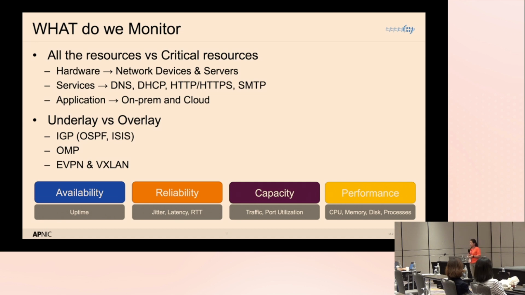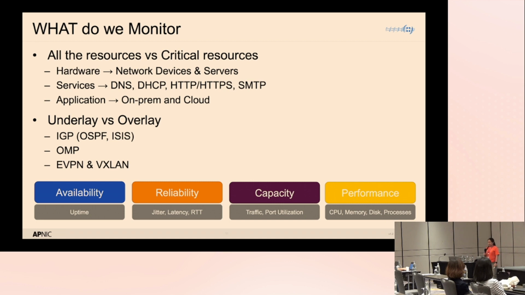Next up is, do you only monitor the underlay network, which is your layer 3, your BGP, your OSPF, your routing, all of that? Or does it pay to also monitor your overlay networks, your OMP, your VXLAN, EVPN, all of that?